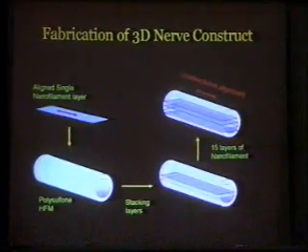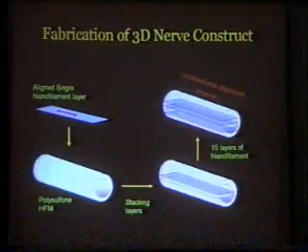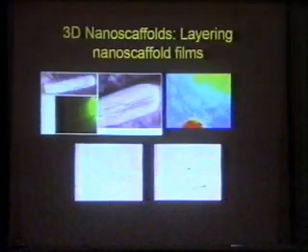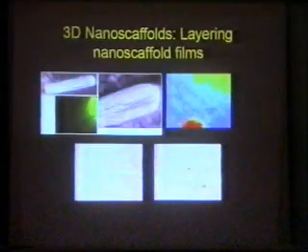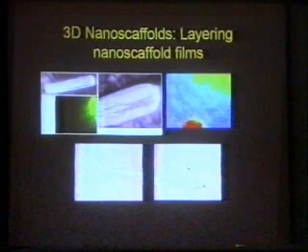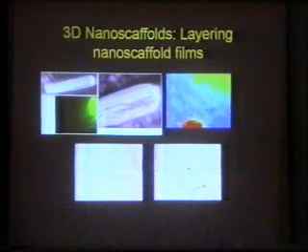If you do that, you can make a scaffold; this is the actual photograph of such a scaffold. You can see the gaps in the film, and in between, we put the gel that I'm showing you over here. The bottom two panels show you the principle that I was talking to you about.